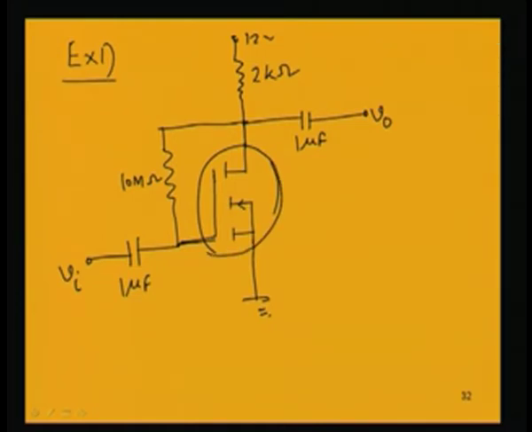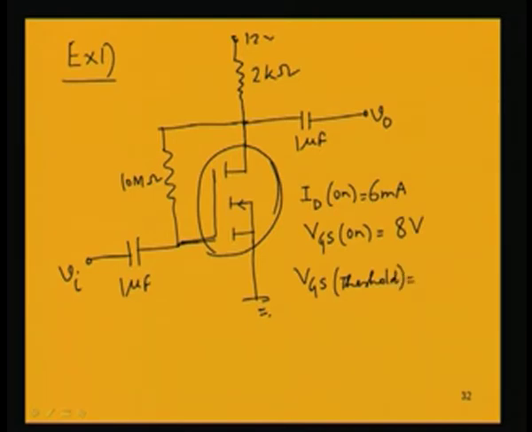Now, for this circuit, it is given that ID on equals 6 milliampere and VGS on equals 8 volt. Also given that VGS threshold equals 3 volt.